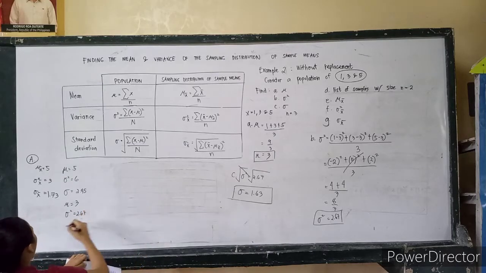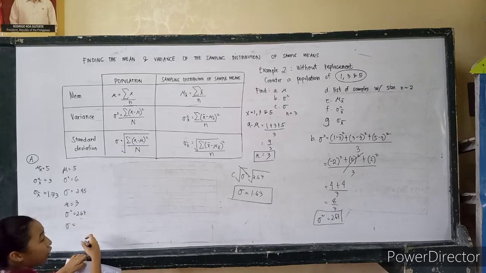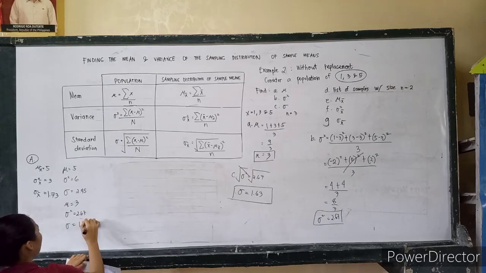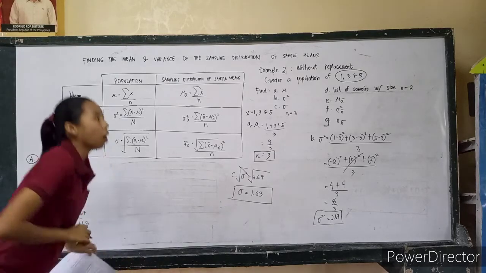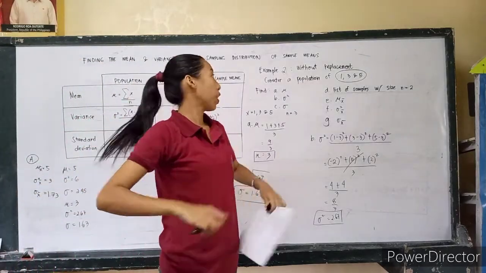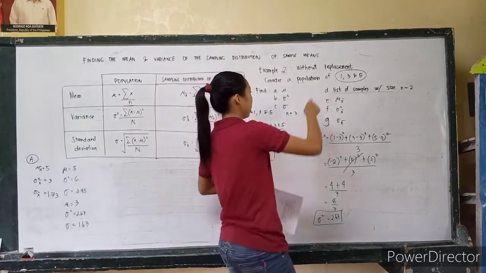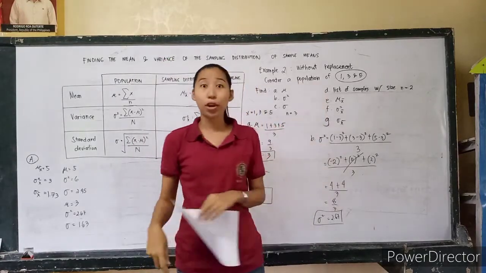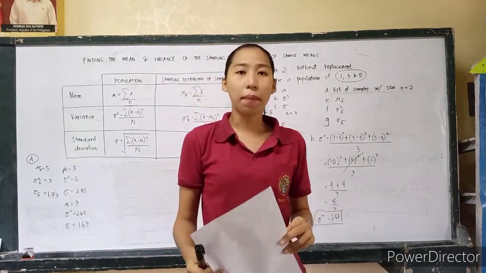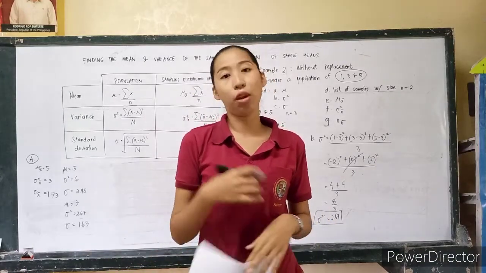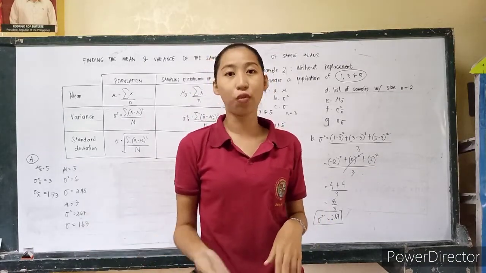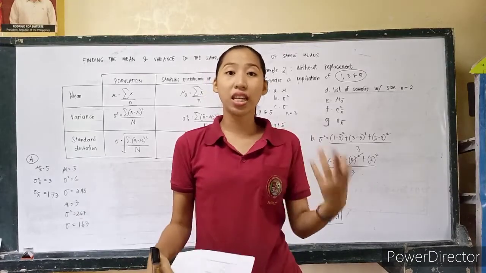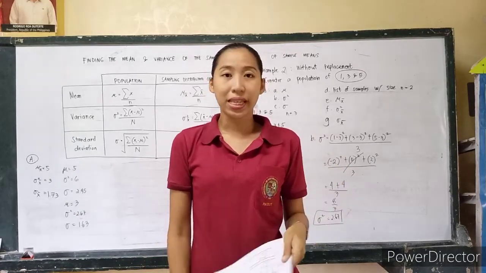And lastly, our standard deviation is equal to 1.63. So we are going to proceed with letters D to G, and we are going to find out what is the difference between the number of samples if without replacement and earlier with replacement.